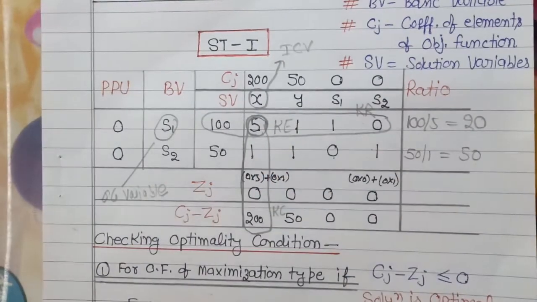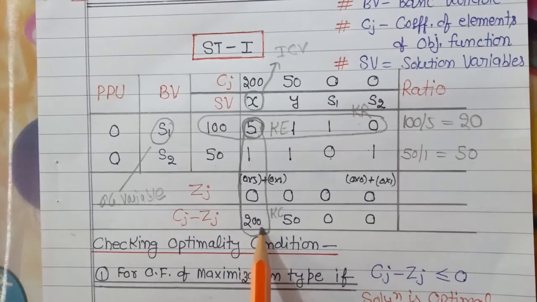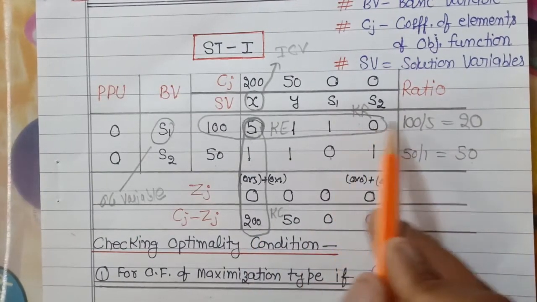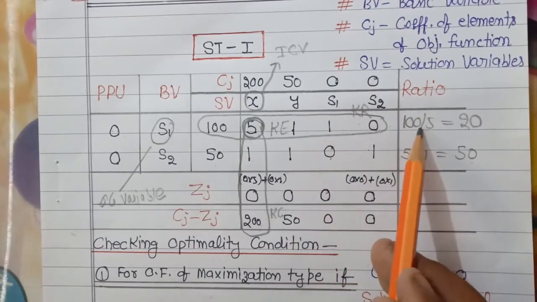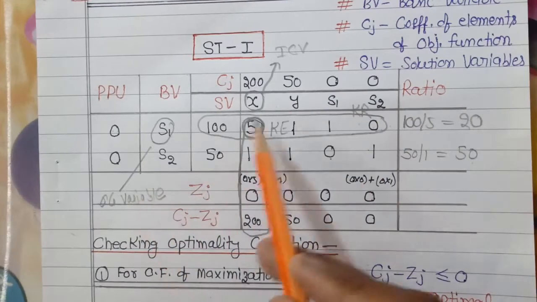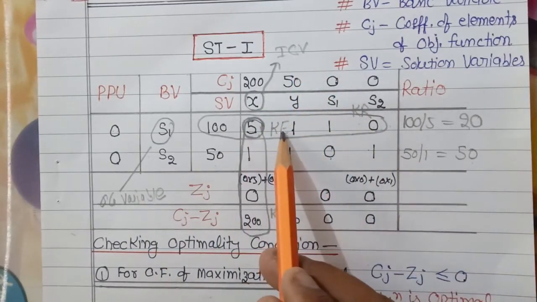So we have followed the 6 simple steps: first we found the key column, then the ratio, then the key row, then the outgoing variable, then the incoming variable, and after that we found the key element.